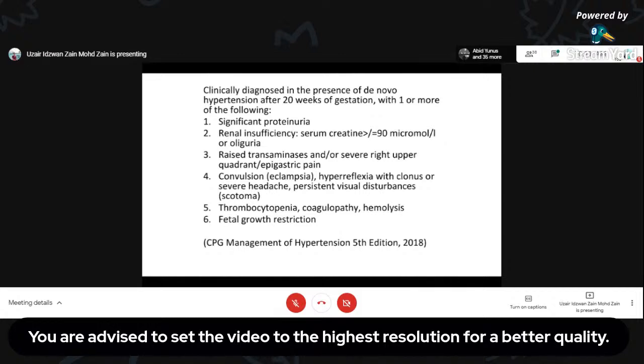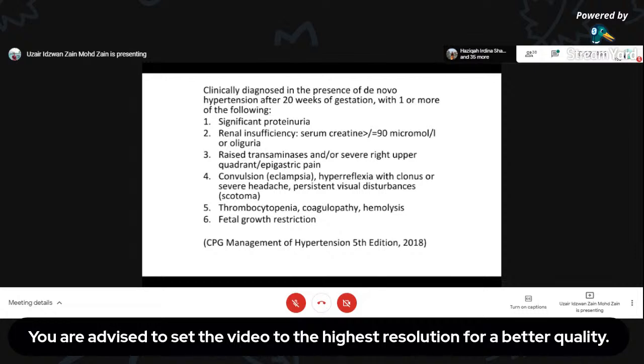But if you look at the CPG of hypertension, we have a slight change, which is you can have preeclampsia without necessarily having significant proteinuria. It means if you have hypertension with renal insufficiency, meaning serum creatinine more than 90 micromole per liter, or oliguria, you can be diagnosed as preeclampsia. Raised transaminase, severe right upper quadrant epigastric pain, convulsion, thrombocytopenia, coagulopathy, hemolysis, or even fetal growth restriction.